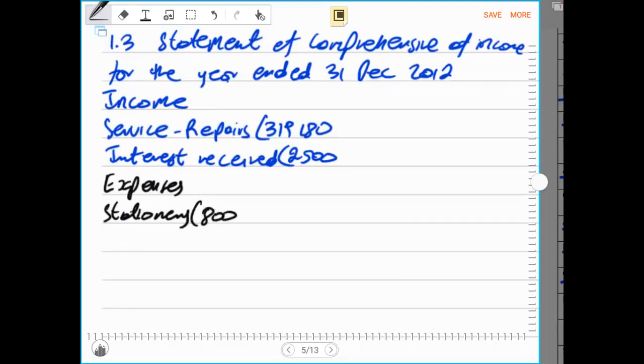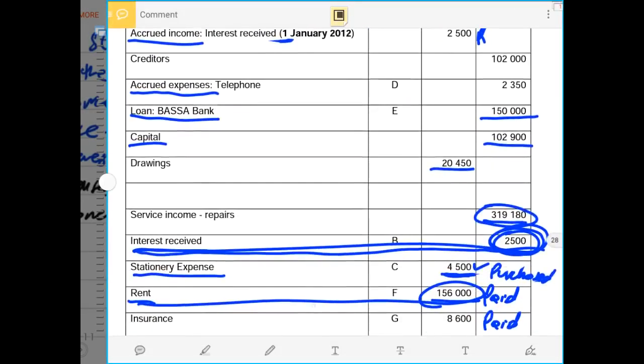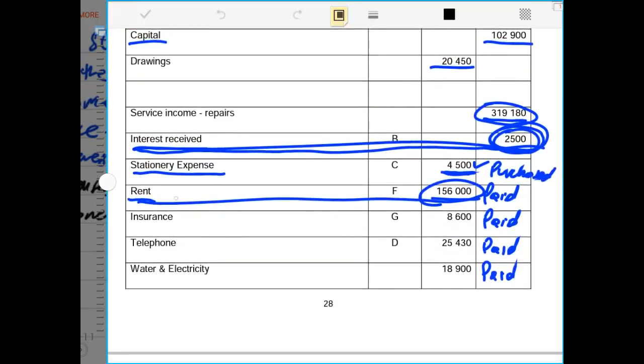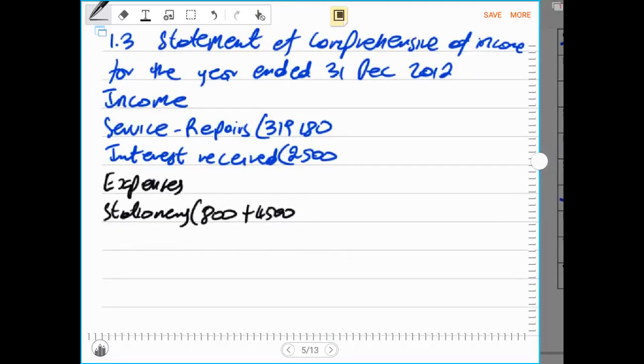So we record that 800 as stationery. Then we also look for the other stationery that was purchased during the year. Stationery expense of 4,500, yes, this is the one I was talking about. Then we say plus 4,500. Always add the opening balance, that was an inventory of stationery, to the one that was bought during the year. You'll see that when I explain along the way.